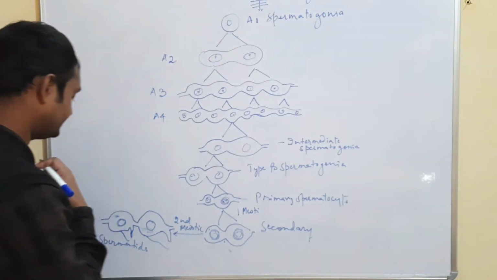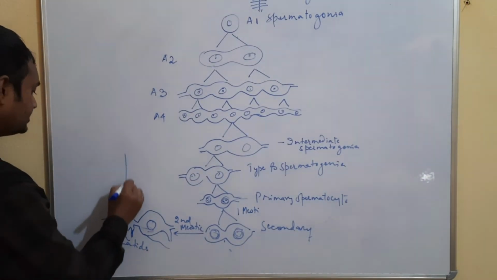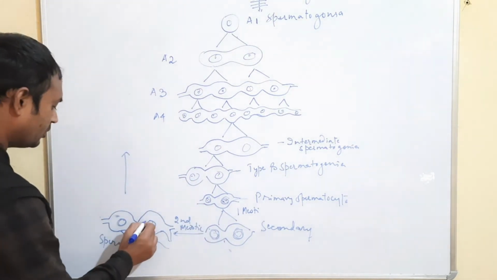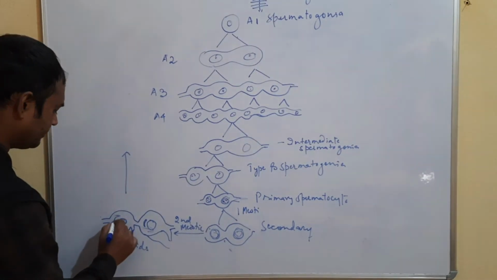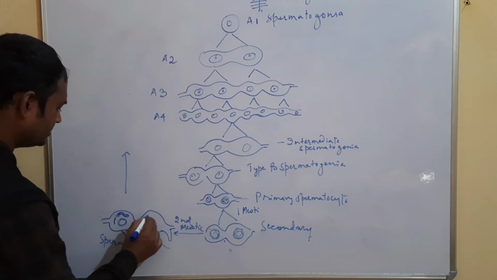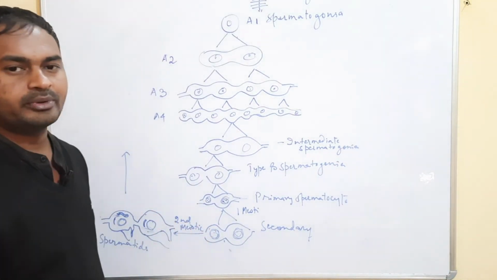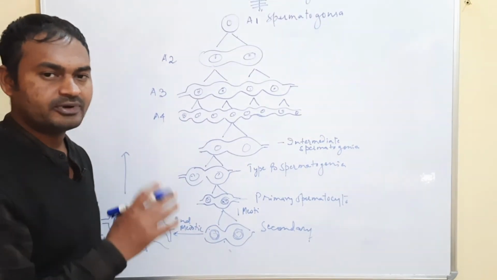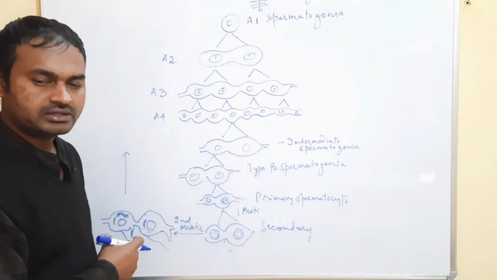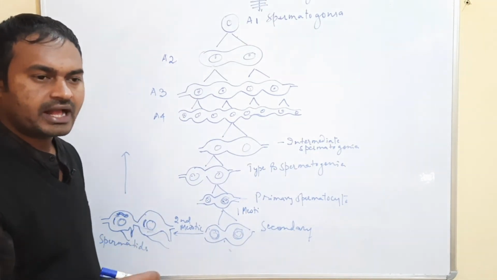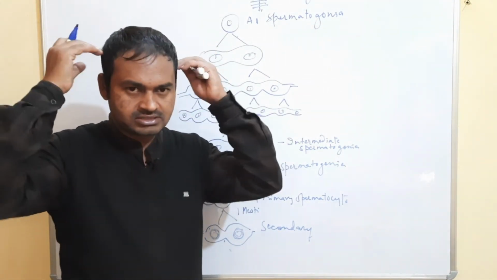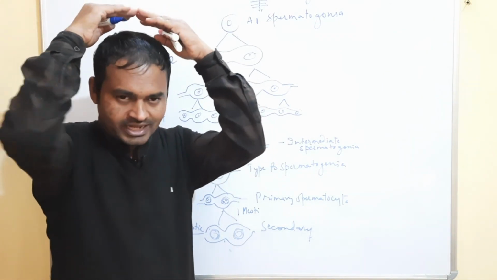And what will happen at this time to this spermatid? So this is the mitochondria, this is the Golgi body. The Golgi body of the spermatids will accumulate towards the nucleus, two-thirds of the nucleus, like this one.